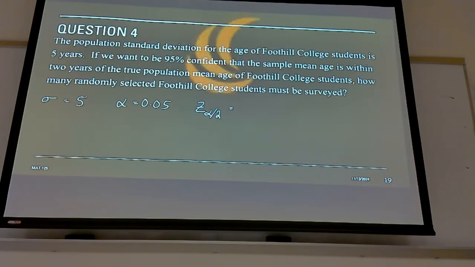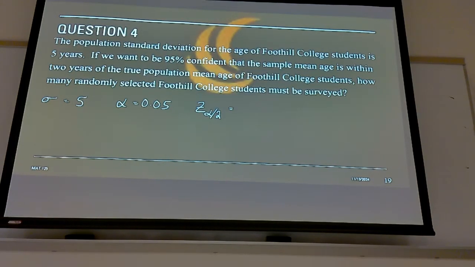This is a value you're going to have nightmares about because of how often you're going to be using it. You're going to be at Thanksgiving dinner. Oh, how's school going? 1.96.